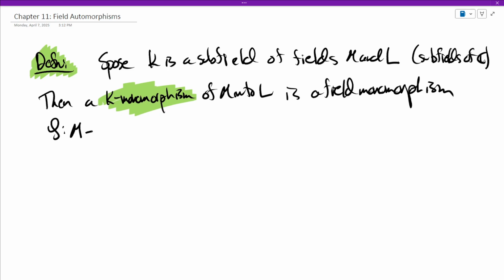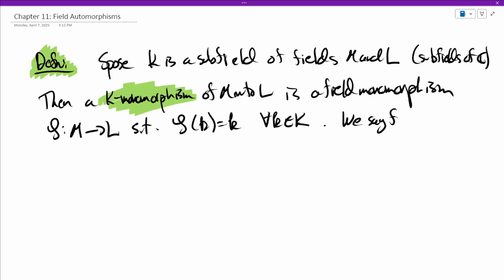Phi from M to L, such that, well, the fact it's a K-monomorphism and K is a subset of both M and L is, what we're going to say is that it should fix K pointwise. Okay, so we say phi fixes K, and actually the terminology in the book is not correct. So we say fixes K pointwise.